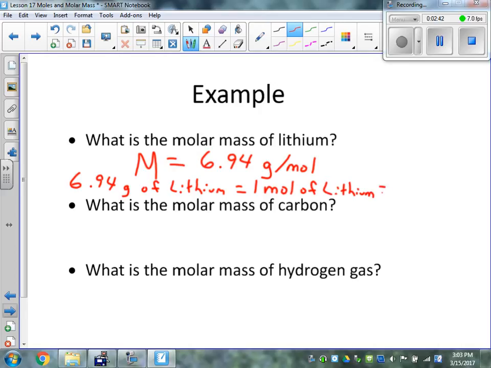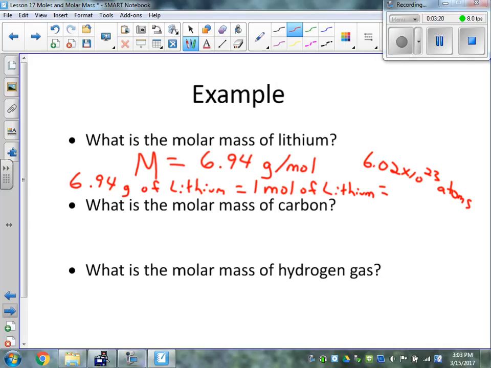And 1 mole of lithium would be a huge number of atoms, in fact 6.02 times 10 to the 23 atoms in this case of lithium. But instead of saying 6.94 grams for every 6.02 times 10 to the 23 atoms, that's a lot of writing. So we just say 6.94 grams for every 1 mole of lithium that we have.